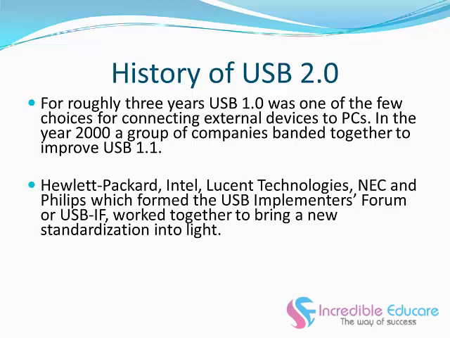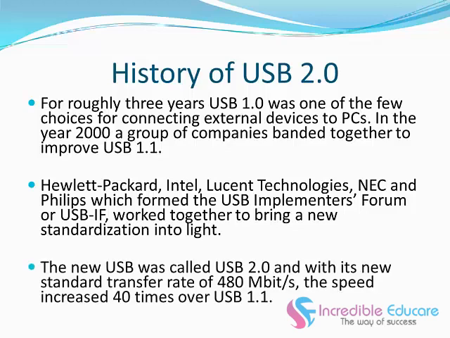HP, Intel, Lucent Technologies, NEC, and Philips, which formed the USB Implementers Forum or USB-IF, worked together to bring a new standardization to light. The new USB was called USB 2.0 with its new standard transfer rate of 480 megabits per second. The speed is increased 40 times over USB 1.1.